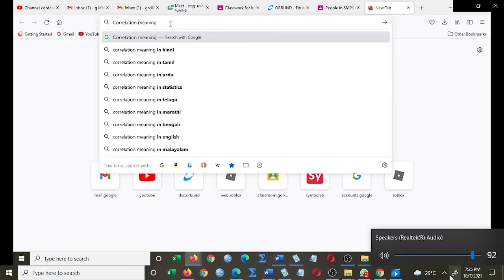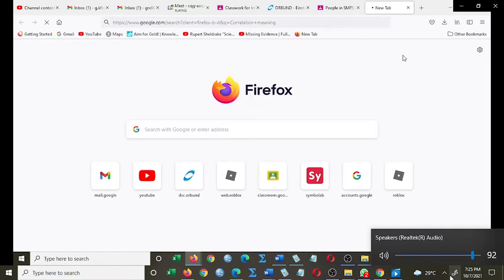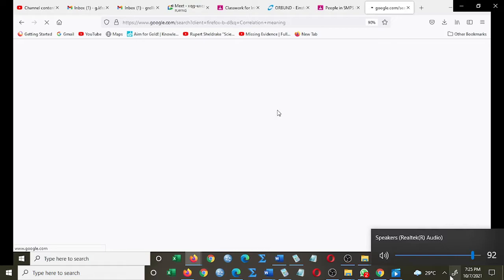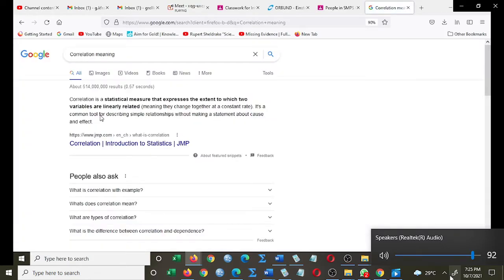When you learn a new term like correlation, just look it up. It's right at your fingertips once you have Wi-Fi. Let's see what Google has to say. Correlation is a statistical measure that expresses the extent to which two variables are linearly related.